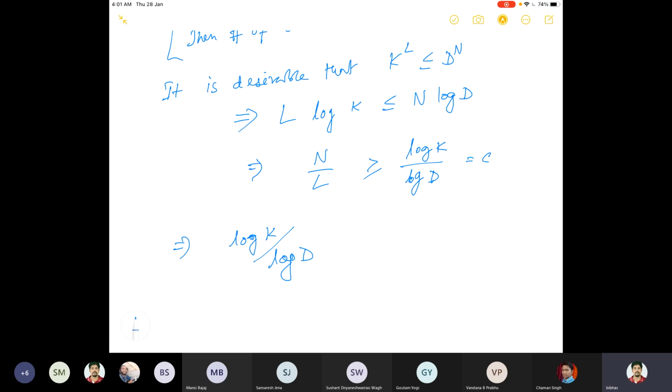Why are we not taking D equal to 1? Because if we take just D equal to 1, then what will happen? If the length is fixed, that means for each source letter we have the same sequence. Let's say D is only 0.